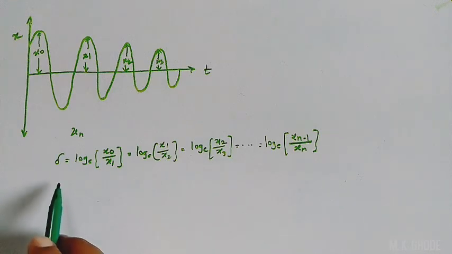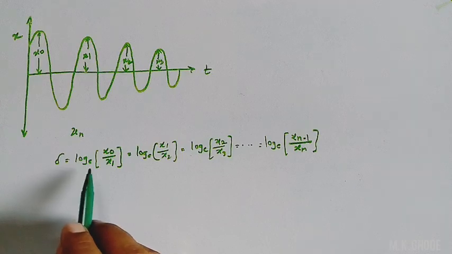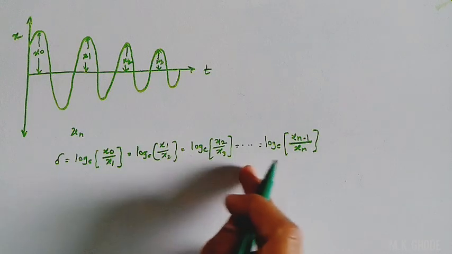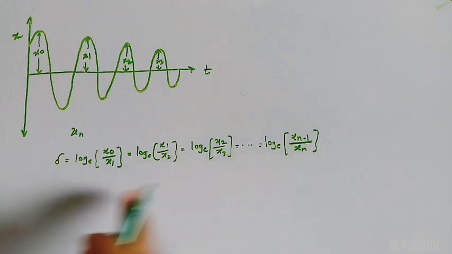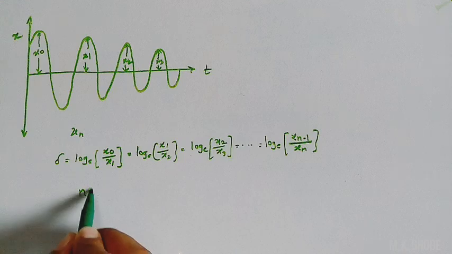So if I am going to add all these logarithmic decrements, there are 1, 2, 3, 4, n number of delta values. So the total of these will be n into delta.